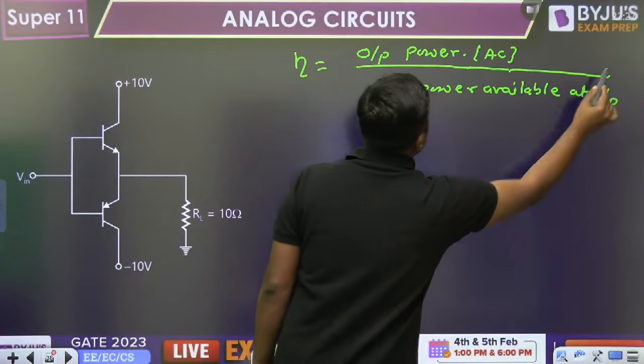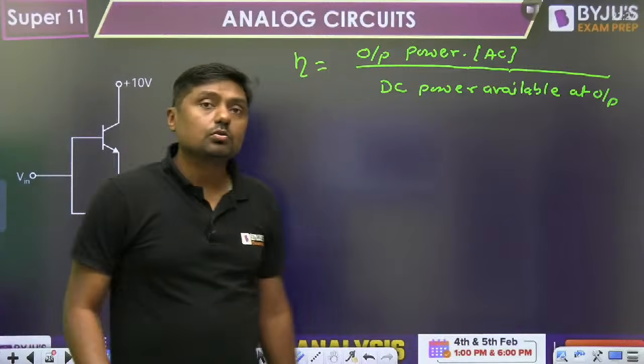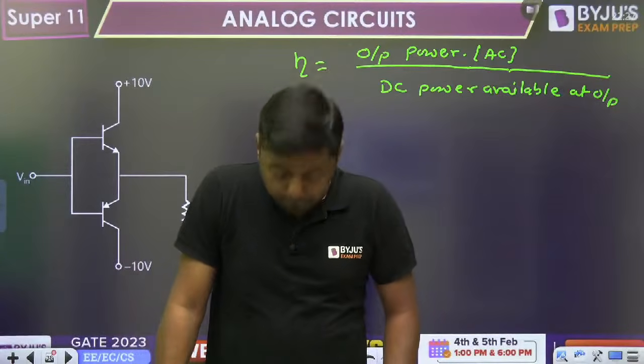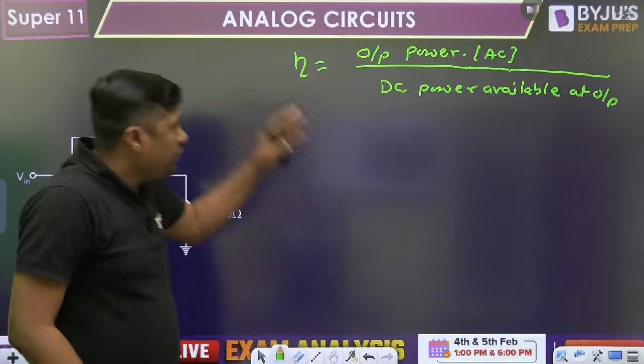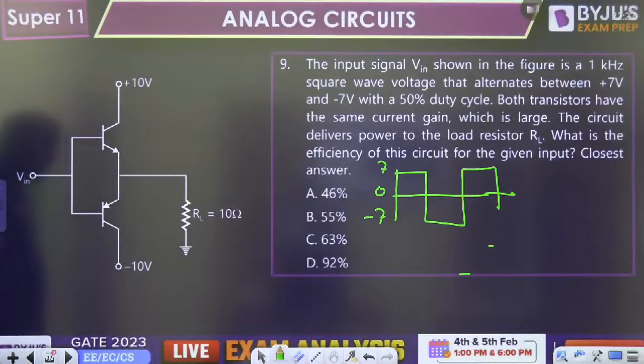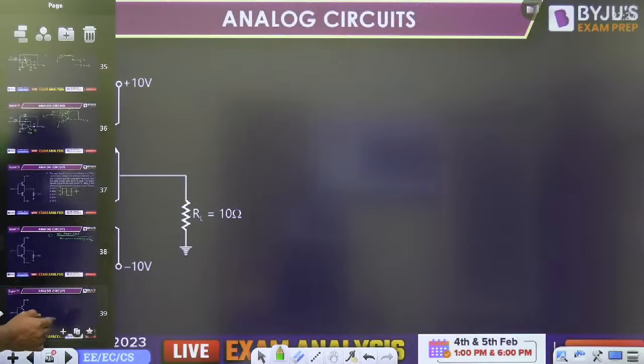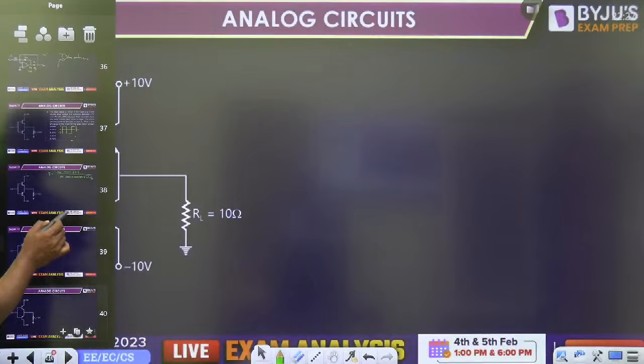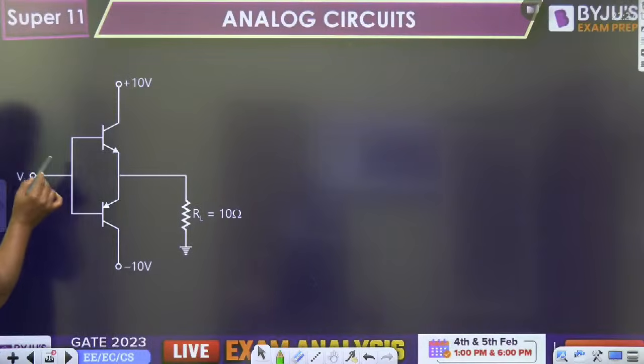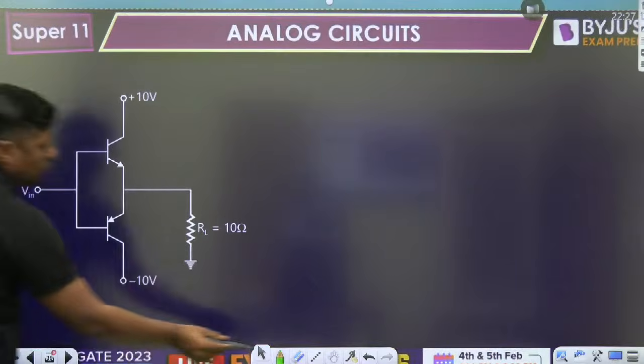That is the efficiency. Now, how are we going to solve this? First of all, we have the two signals. Let the first signal be positive 7, because in the positive half this is a positive signal. Try to understand how we can find this. Let this be the 7 volt for the positive half.